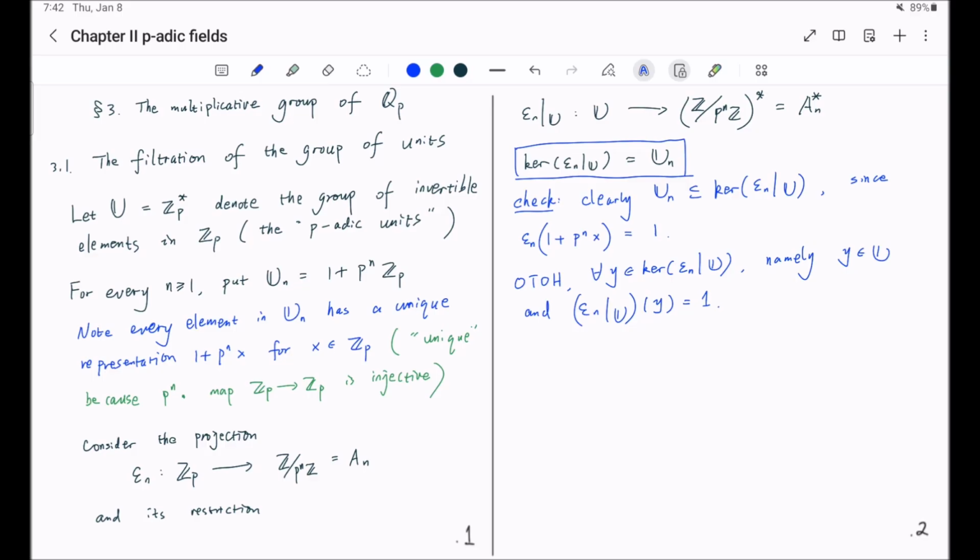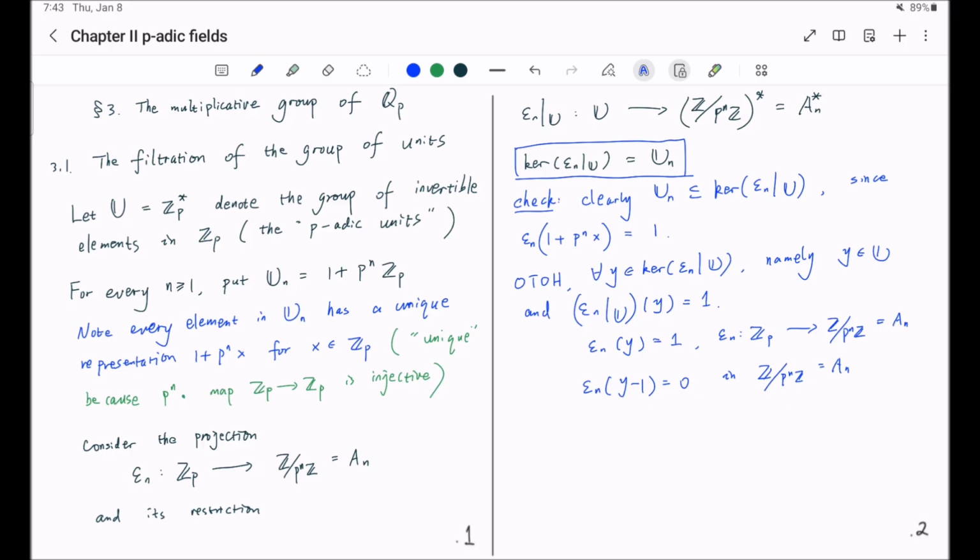But the previous writing is also correct, because for epsilon sub n, a map from Z_p to A_n, its application to y also gives 1. Now, if you move this 1 to the left hand side, what we will get is epsilon sub n of y minus 1 is equal to 0 in A_n.